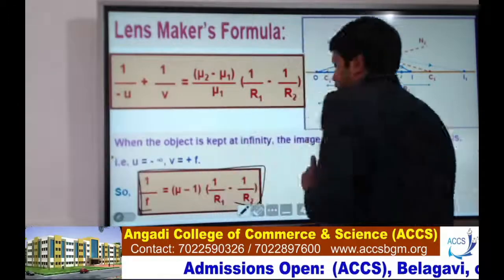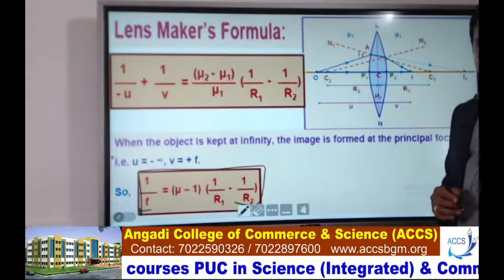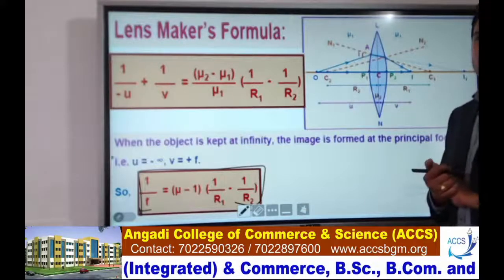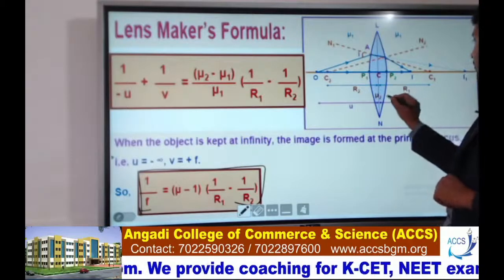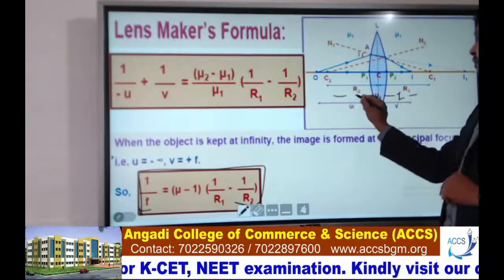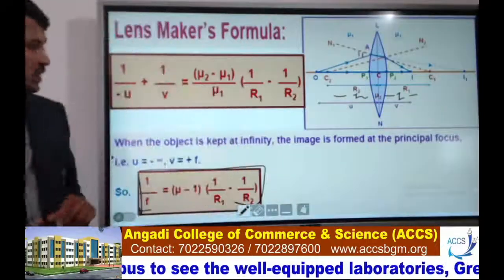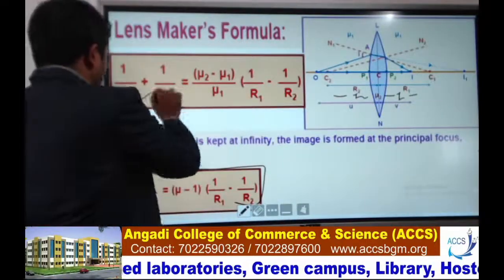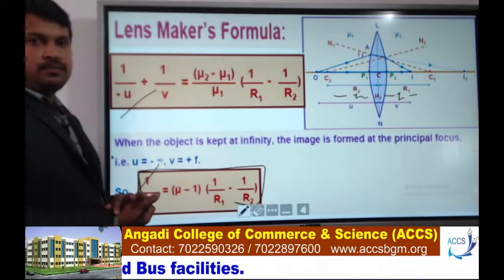But here there are two centers of curvature, two optical centers as well as two focal lengths, F1 and F2, from here to here. Already mentioned here, F1 and F2. Remember this formula, this one as well as this one. Very helpful in solving the problems.